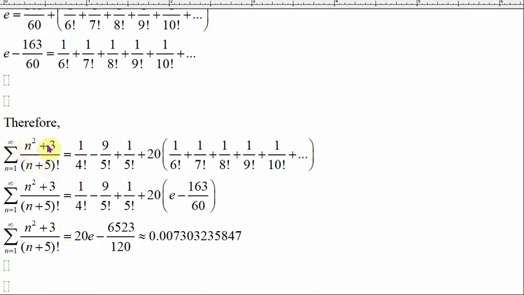A few moments ago we had this result, but this infinite sum here is e minus 163 over 60. And then simplify, we get (20e minus 6523) over 120, which is approximately 0.0073. And that's the end of the video.